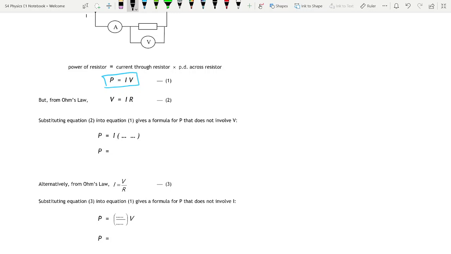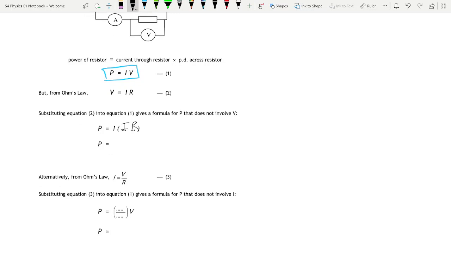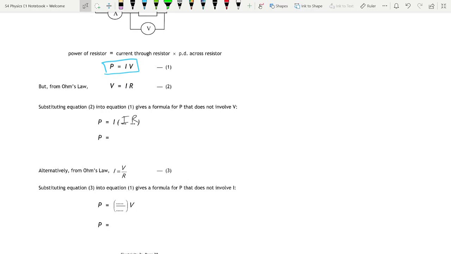So we end up with P equals IV, so P equals I times IR. And to make that a little bit neater, P equals I squared R. And that is one of the equations that includes power in it.